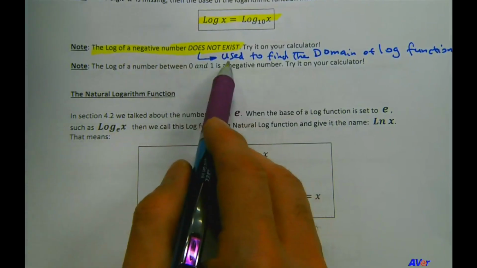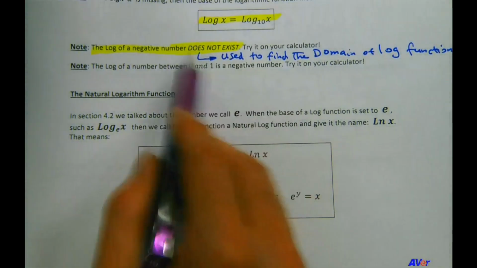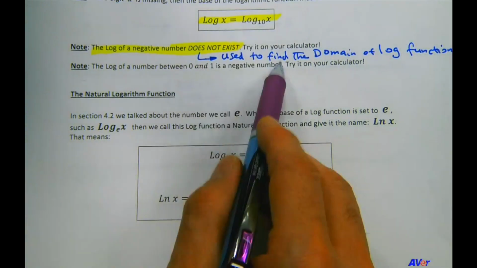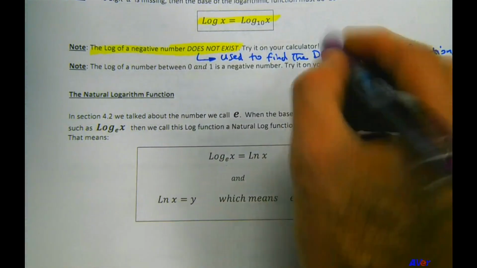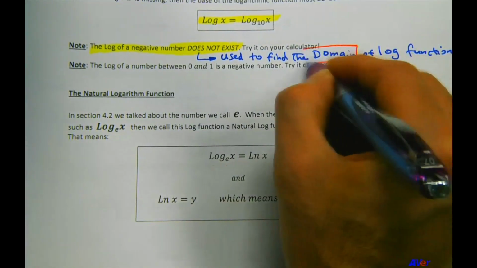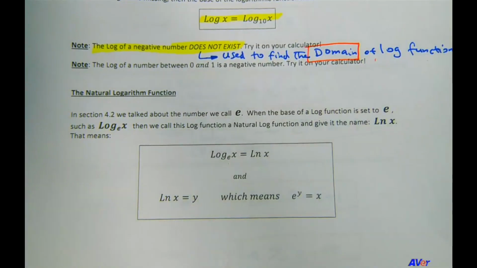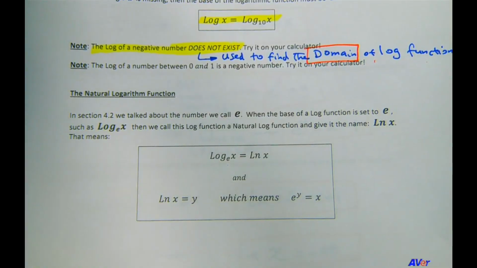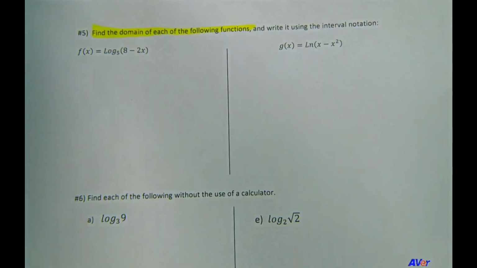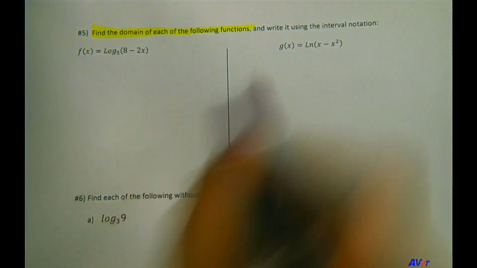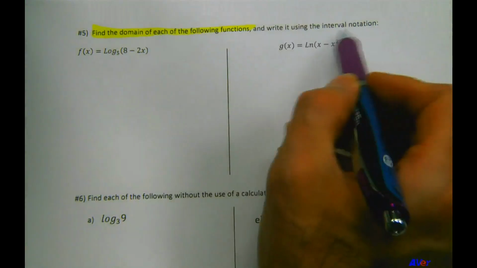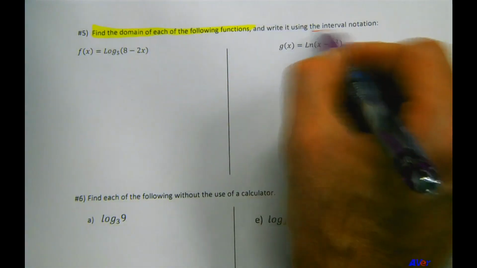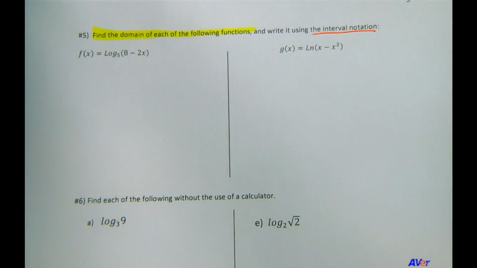And what did I write underneath it? This rule is used to find the domain of log functions. Okay? All right, we're going to use that rule. And they say write the answer using the interval notation. So we shouldn't forget to do that either.